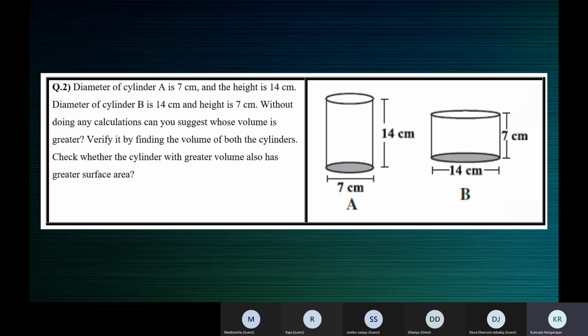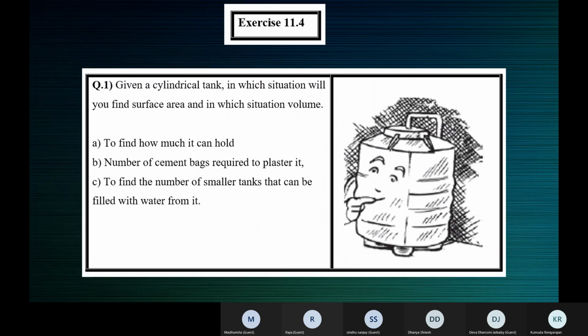All right, children. Given a cylindrical tank, in which situation will you find surface area and in which situation volume? If you're doing something with the surfaces, the curved surface, the two circles on the top and bottom, a cylinder has one curved surface area and the area of the circle on the top and bottom.